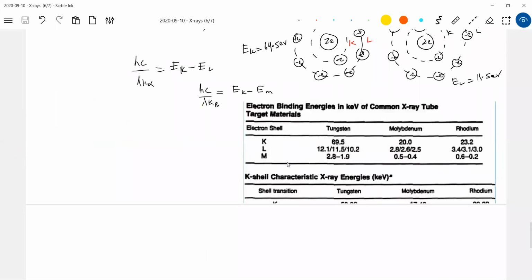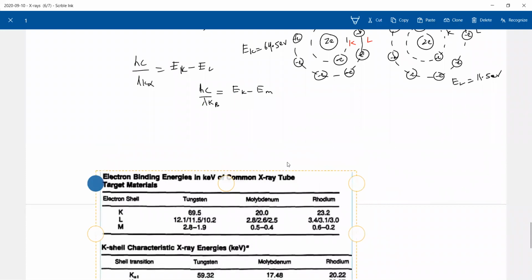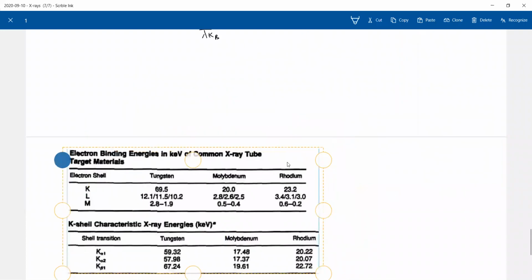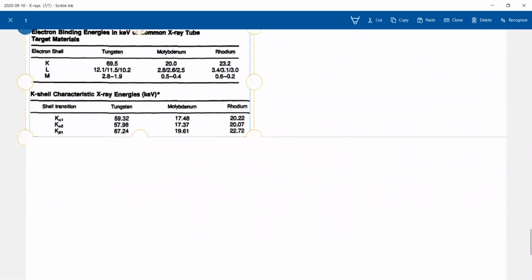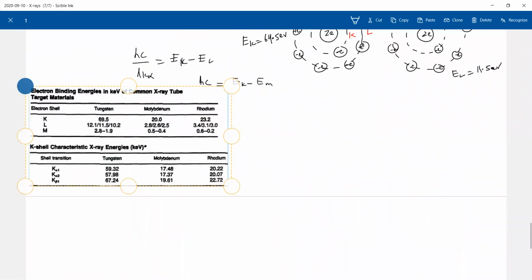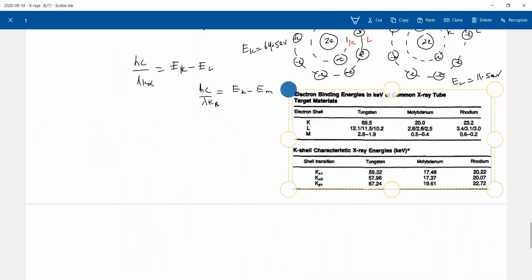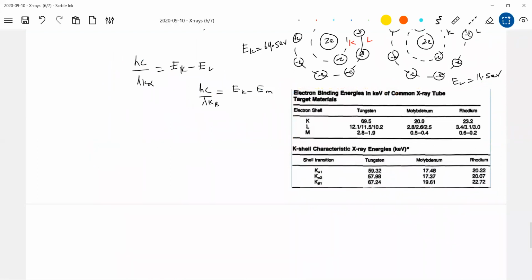One of the tabular columns is available in the book. I just brought it. So this information is available. Possibility of asking. From S.U. Verma, I think it's one of the books where it is available. I just picked it up here. For tungsten, vacancy in K shell, 69.5. For molybdenum, what happens if there is vacancy in K shell? What is the energy in kilo electron volt?